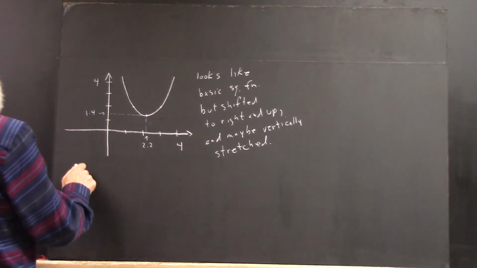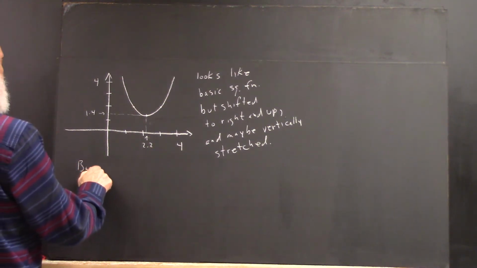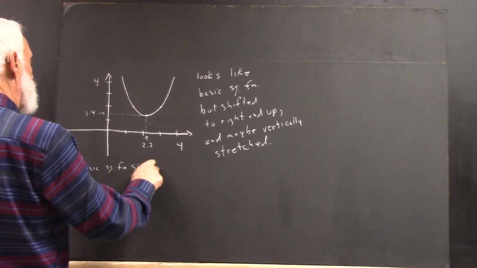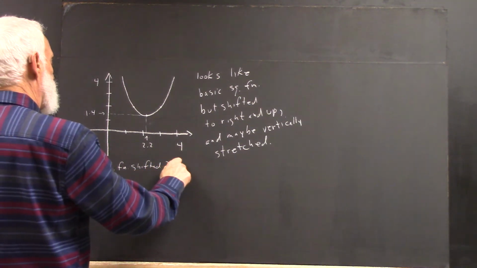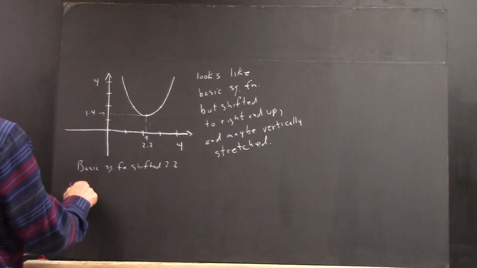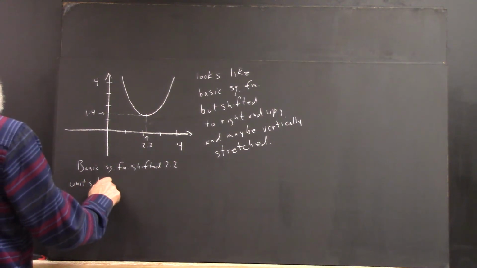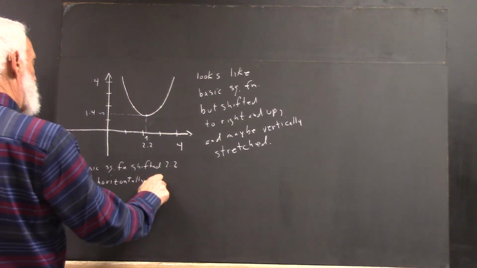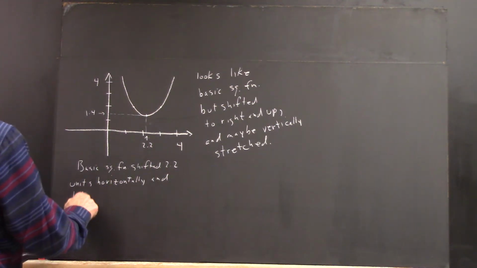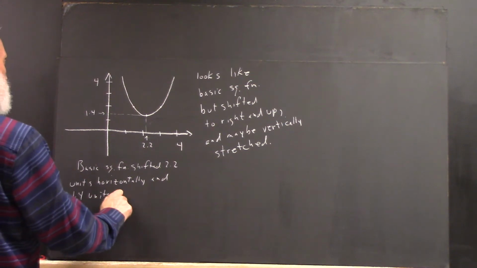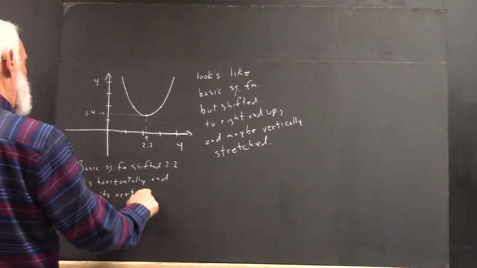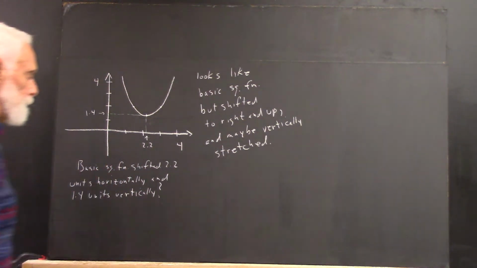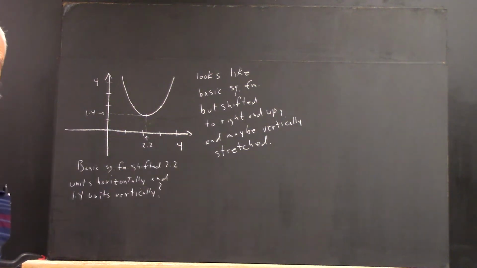So we've shifted the basic squaring function 2 units horizontally. And 1.4 units vertically. Question, because we don't know if it's been vertically stretched.